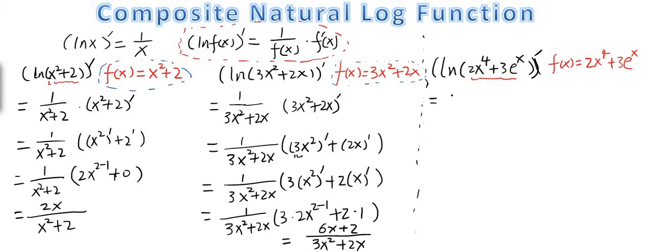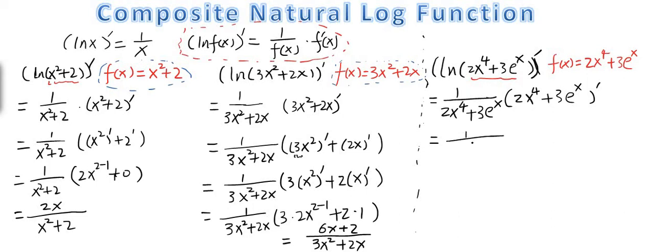Plug in the formula: 1 over f(x) should be 1 over 2x to the power 4 plus 3e to the power x, and then times the derivative of f(x). f(x) is 2 times x to the power 4 plus 3e to the power x, and we can copy it.